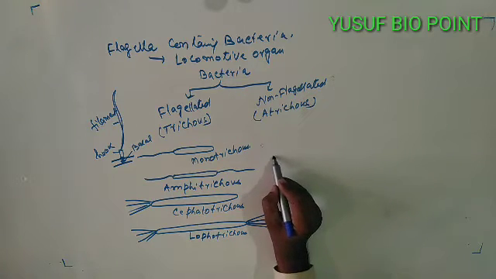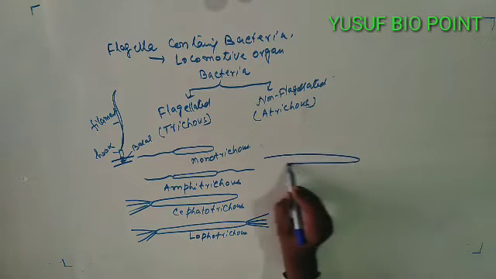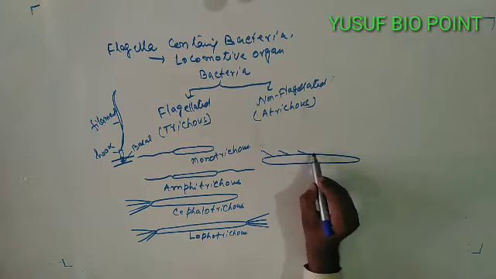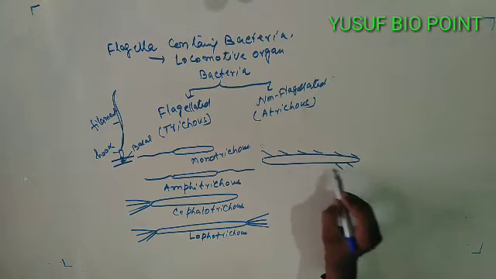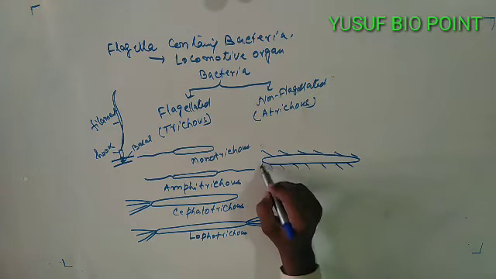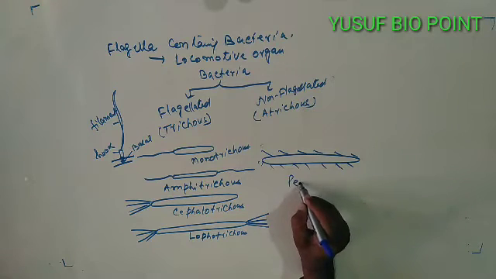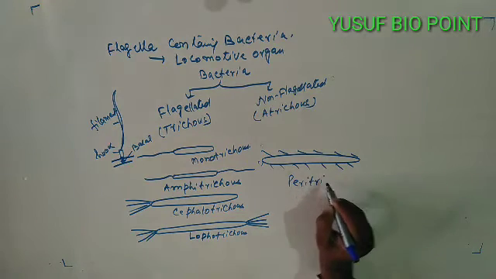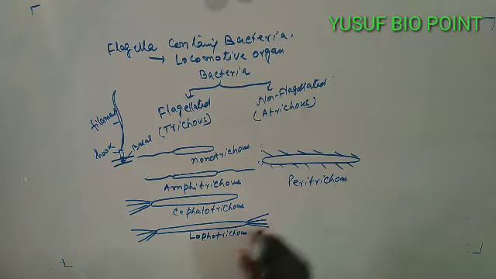And if found throughout the body, that is peritrichous. So it is of the following types in flagellated bacteria, and in the non-flagellated there are no types.